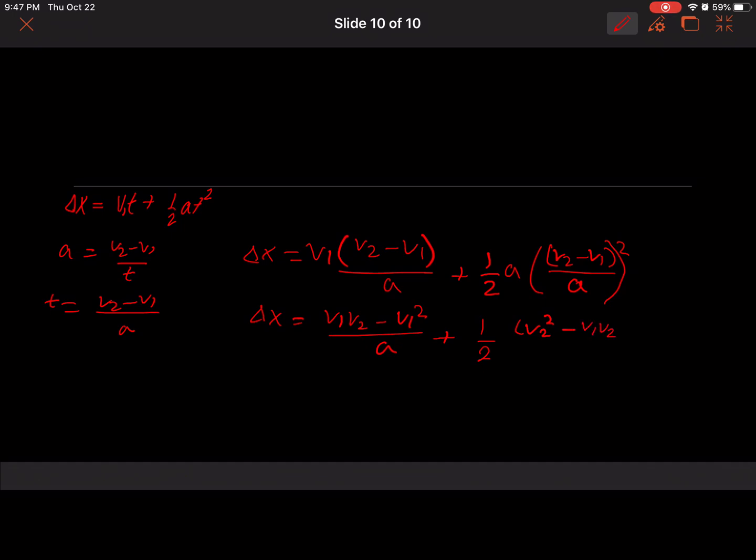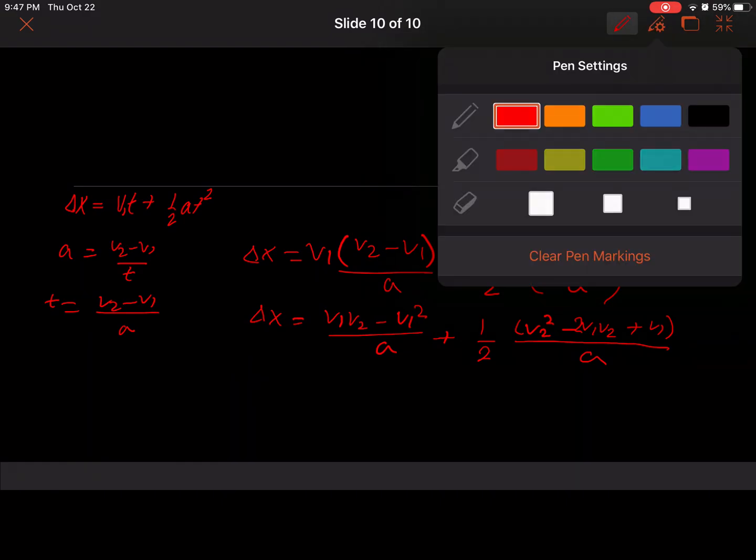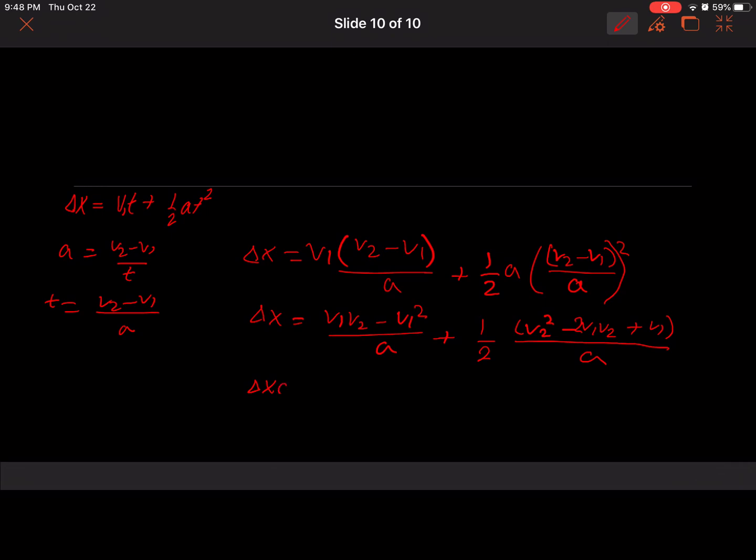Oh, wait a second. Sorry, 2 v1 v2, yeah. Plus v1 squared, divided by a. So we have v1 v2 minus v1 squared over a. We expand the half.